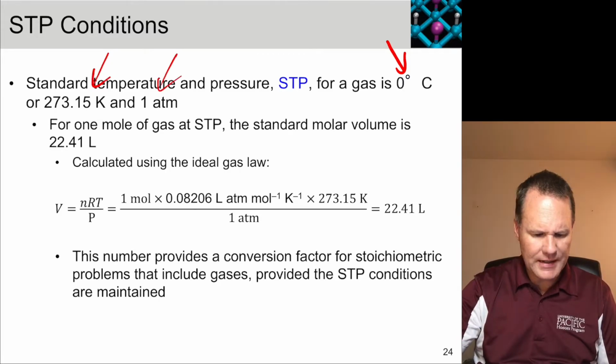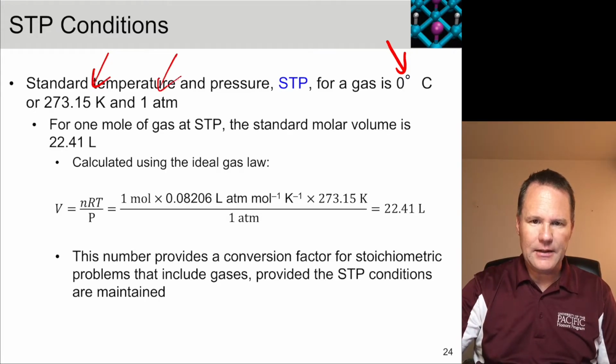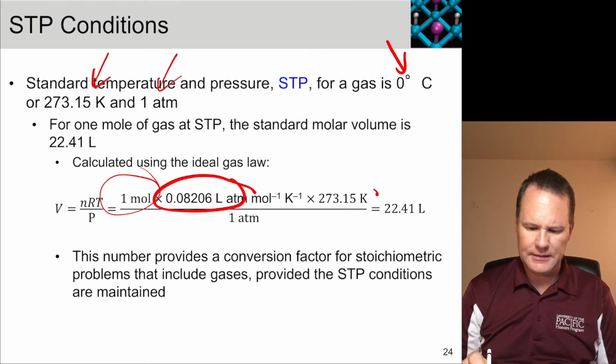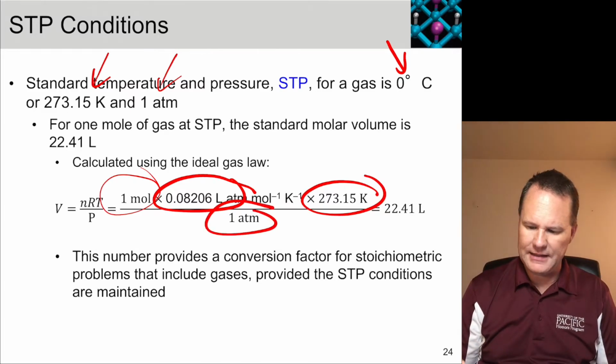And if I put it all together, then I can calculate the volume of 1 mole of a gas. All I have to do is put in exactly 1 mole here, put in the R, then the temperature is 0 Celsius or 273.15 Kelvins, and put exactly 1 atmosphere in there, and then I have the molar volume at STP of 22.41 liters.